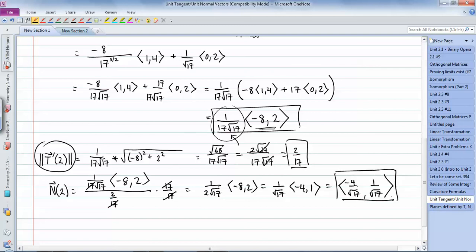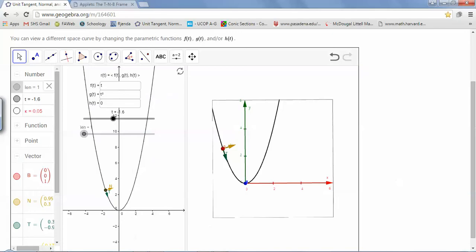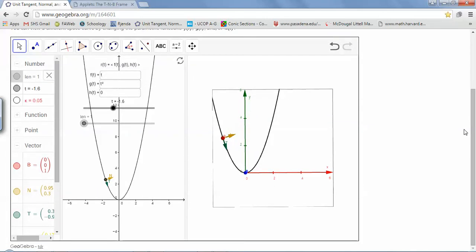By the way, I found an applet that shows you how the normal vector appears. I just searched for unit tangent vector applet, and this is what popped up, something from GeoGebra. And I turned it into a 2-dimensional graph.